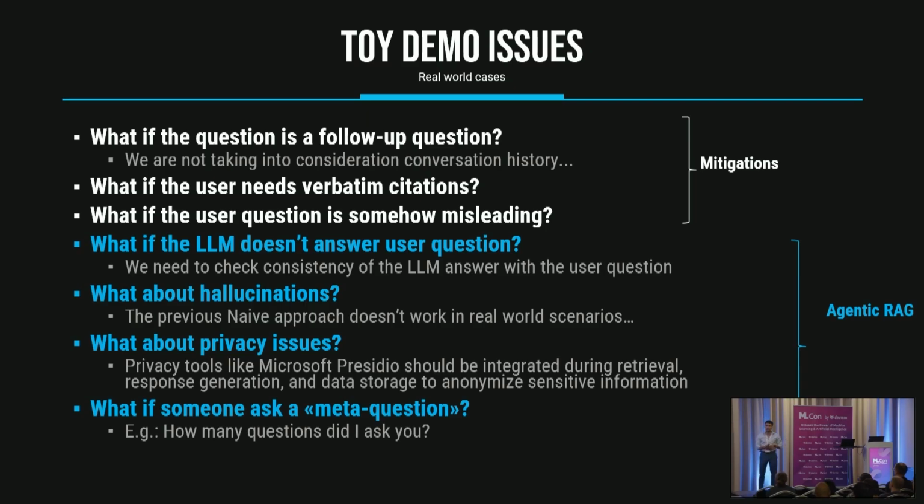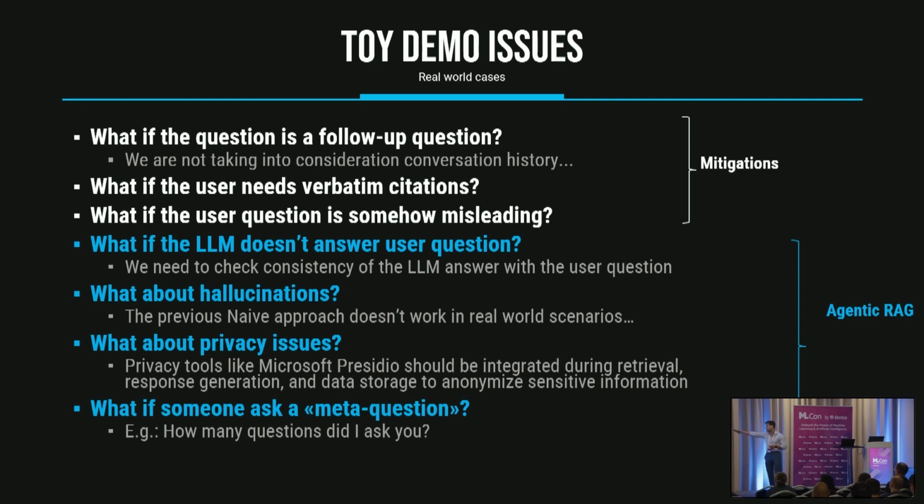And given the toy demo, I have no idea where to put a check for hallucinations. What about privacy issues? What if we don't want the model to see the data? How can we work with privacy constraints in a GDPR-like environment?